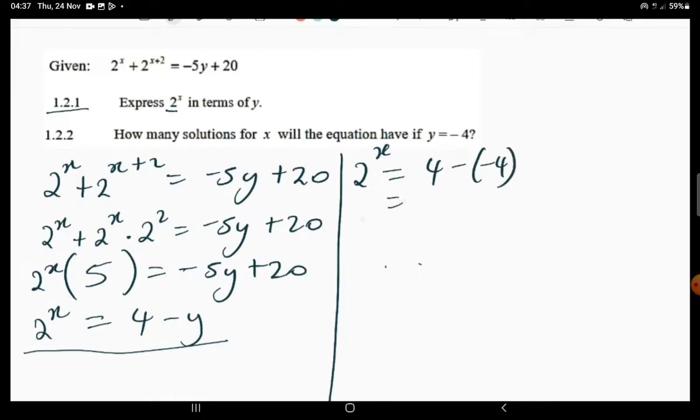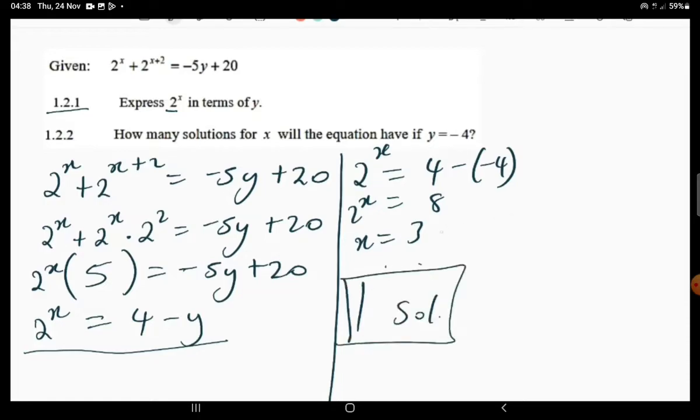Then therefore we of course have 8 here. Then x is equal to 3 and nothing else. So we only have one solution, and that solution is x is equal to 3. That you find it when y is equal to negative 4.